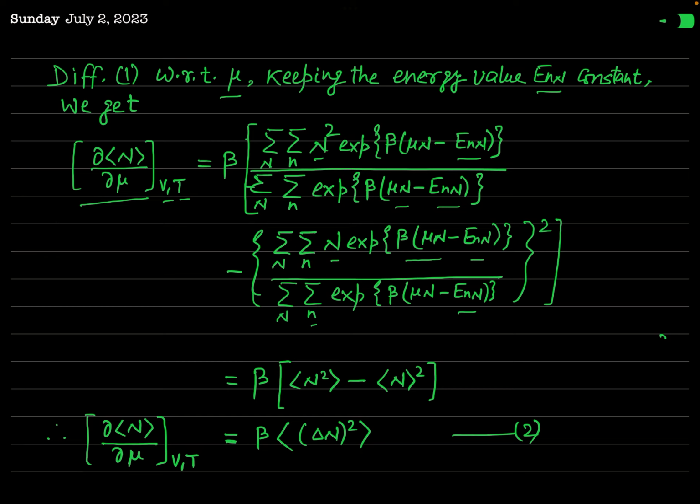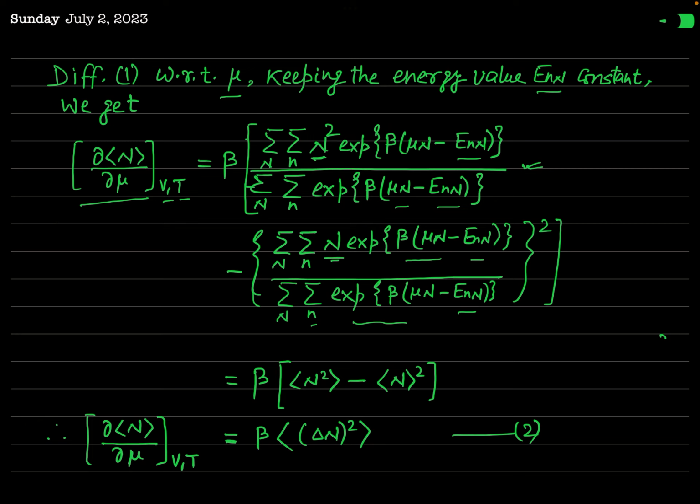Now see this first term inside the square bracket. Can you recognize it? This is simply the average value of n square. And the quantity inside the curly bracket, what is this? You can recognize it. This is the average value of n.